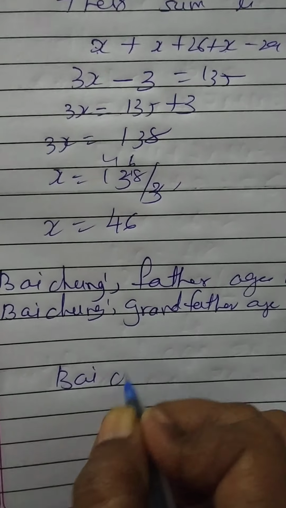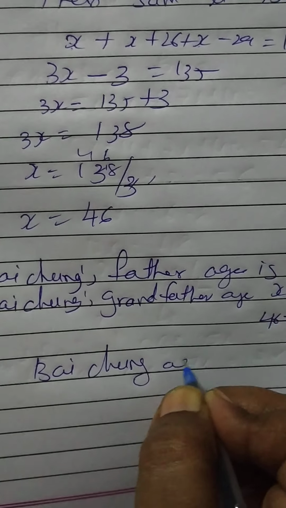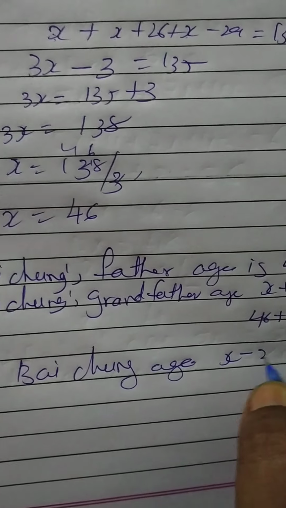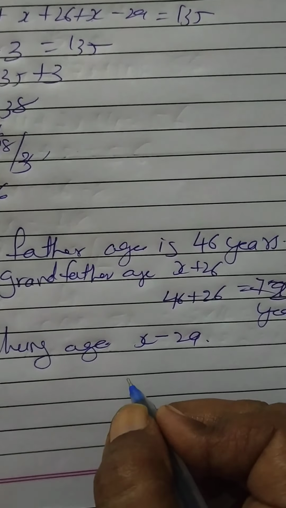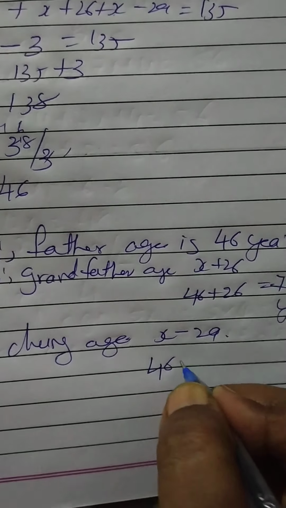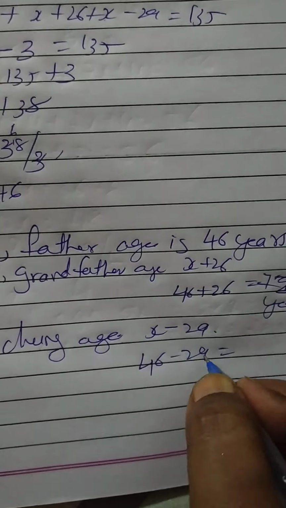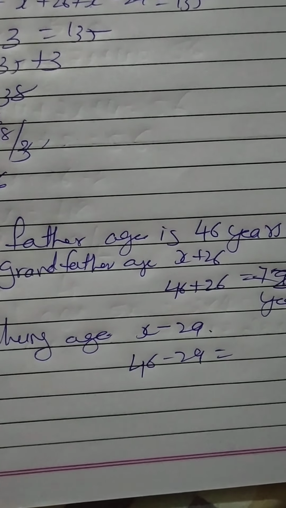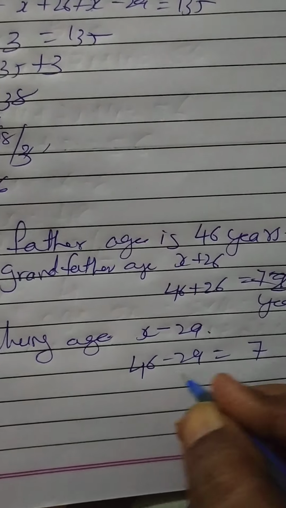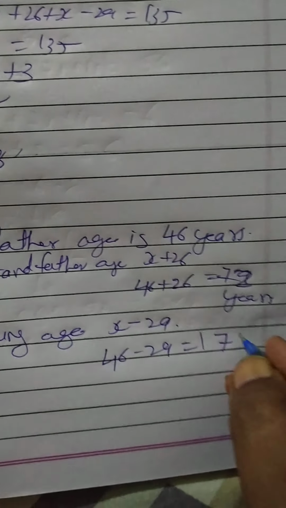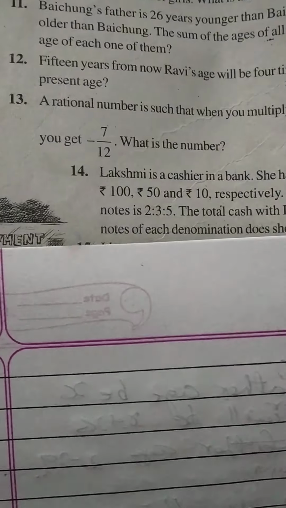And Bangchung's age is x minus 29. Now x means 46, so 46 minus 29 is 17 years.